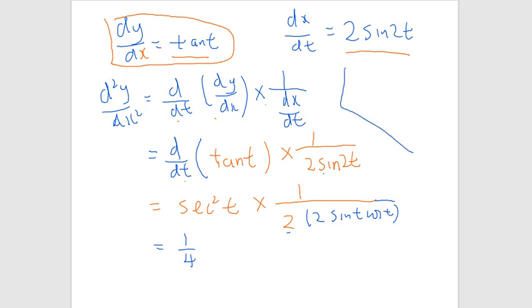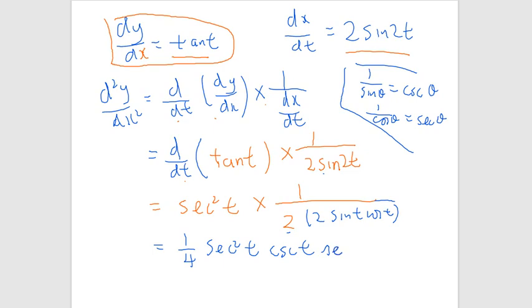And remember, 1 over sine theta gives you cosecant theta, and 1 over cosine theta gives you secant theta. So here you should have another cosecant t secant t. So total is 1/4. The final answer is 1/4 secant cubed t cosecant t. So this will be the final answer to d²y/dx².